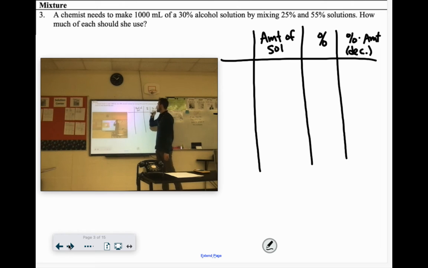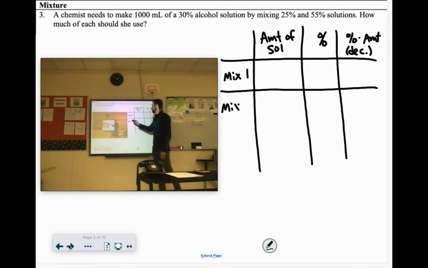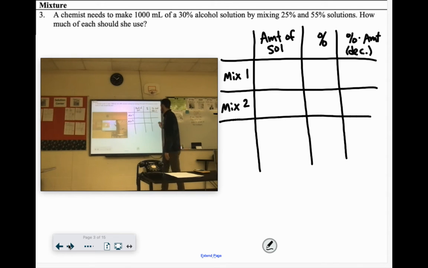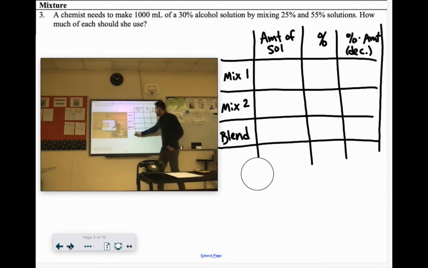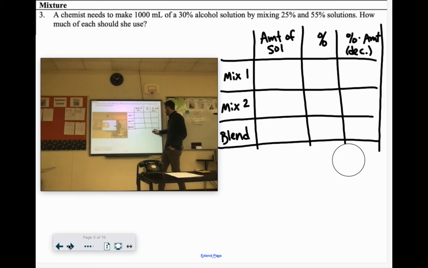So we have mix 1, mix 2, and we'll have the blended mix. All right, let me make my chart look a little cleaner. Here we go.